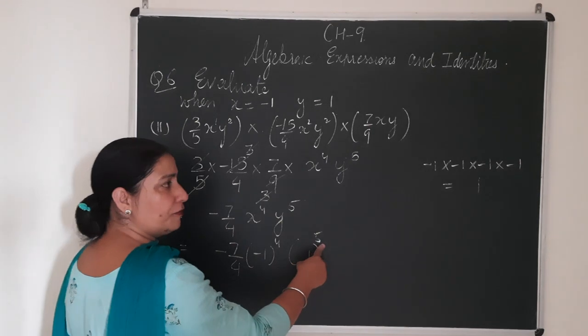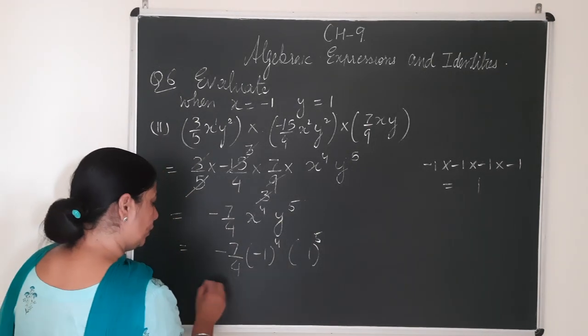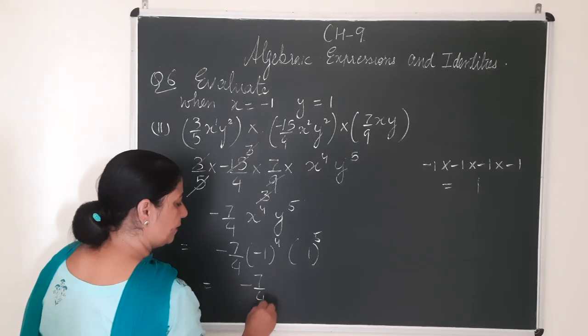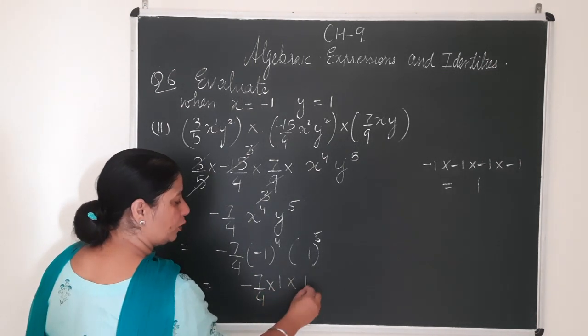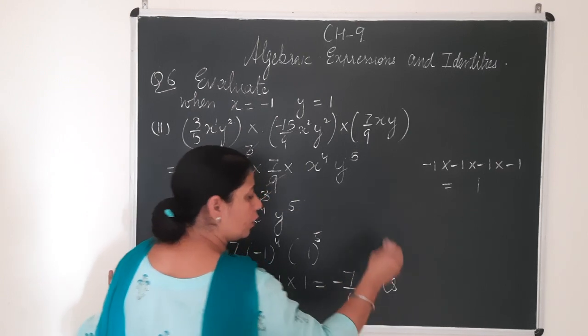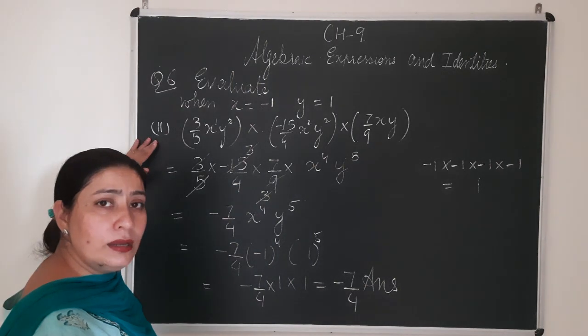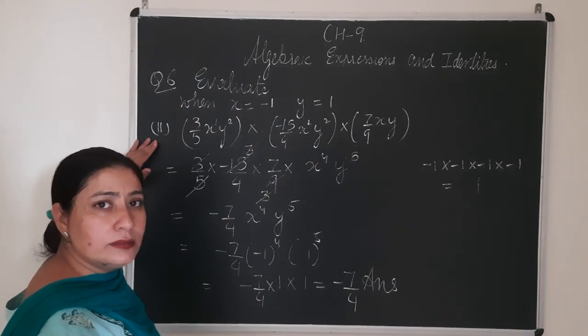Similarly, 1 power 5, 1 multiplied as many times, the answer is always equal to 1. So my answer becomes 7 over 4 into 1, which is equal to 7 over 4. And this is how I will evaluate. The first part I have left for you, beta. You can just do the first part in the same way.